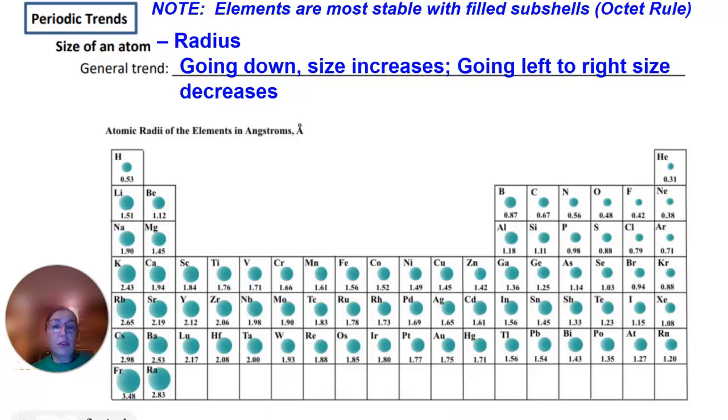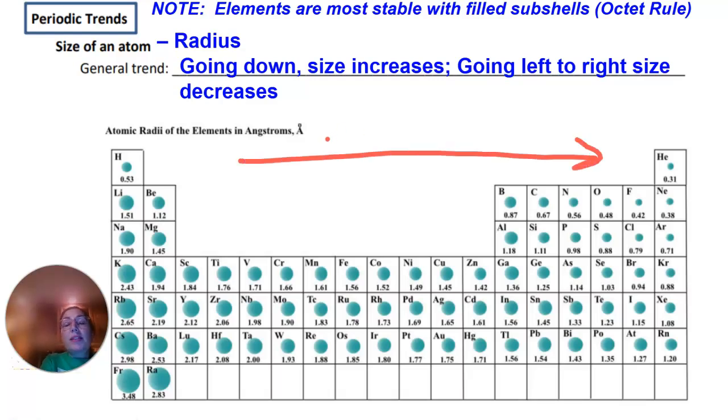Well, as a general trend, going down the periodic table, atomic radius increases, so size increases, and going left to right, size decreases or gets smaller. So that's the general trend. If we wanted to write this right on our table, we'd say that radius decreases.